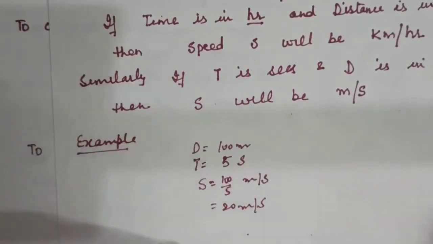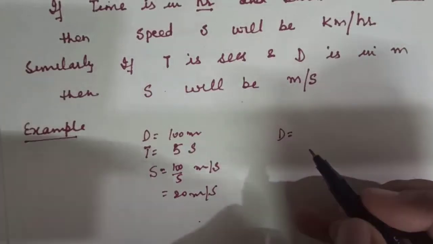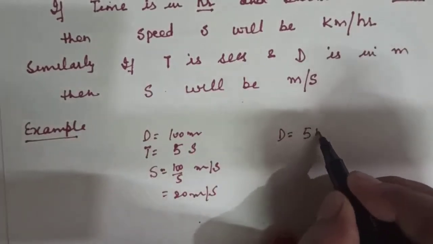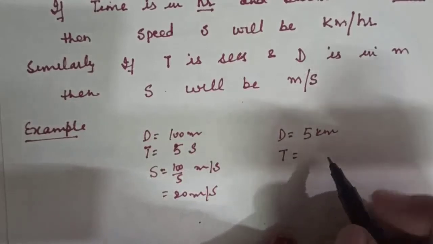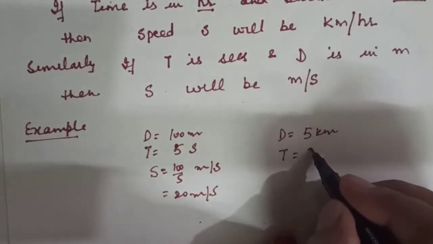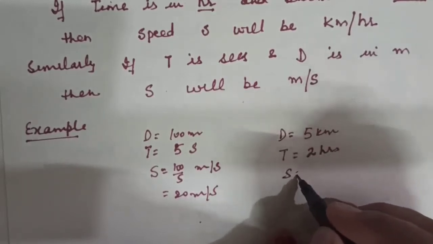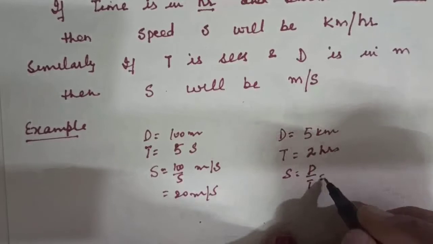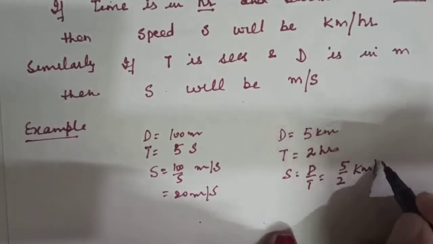Same way, if we take the distance in kilometer, for example 5 kilometer, and time taken is 2 hours, then speed is distance on time, so it will be 5 on 2 kilometer per hour.